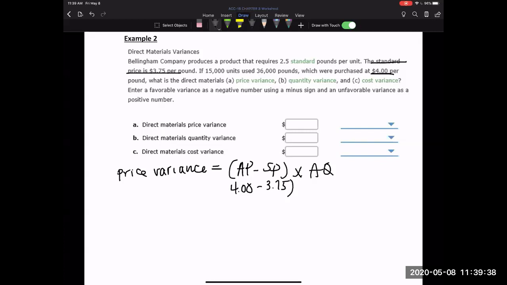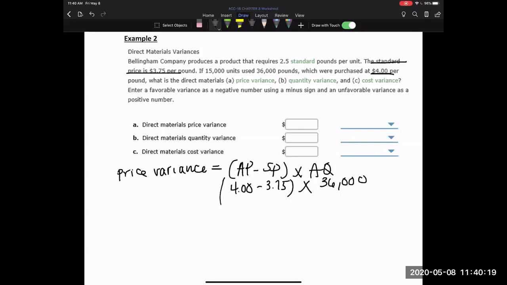All right, and then I'm gonna multiply it times the actual quantity. So it says if 15,000 units use 36,000 pounds, so our actual quantity is gonna be times 36,000 pounds. If we did that calculation, $4 minus, we gotta do what's in the parentheses first, $4 minus $3.75.